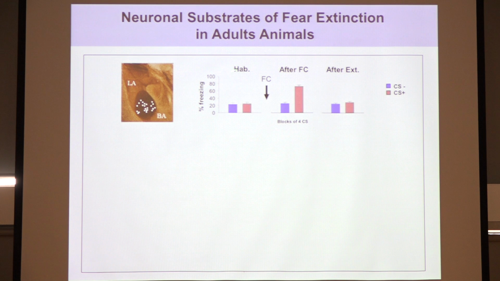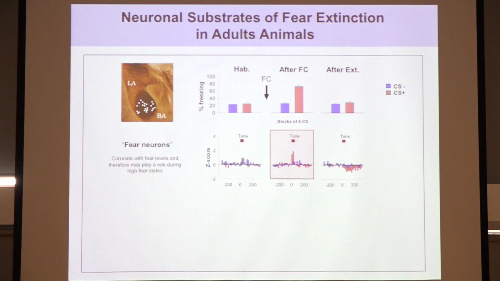Before conditioning, during the habituation session, if you measure the freezing responses, you see that the presentation of the tones does not induce any particular freezing behavior. But after conditioning, the animal discriminates between the CS minus and CS plus. And after extinction, the fear is gone. So you can acquire the fear and reduce the fear.